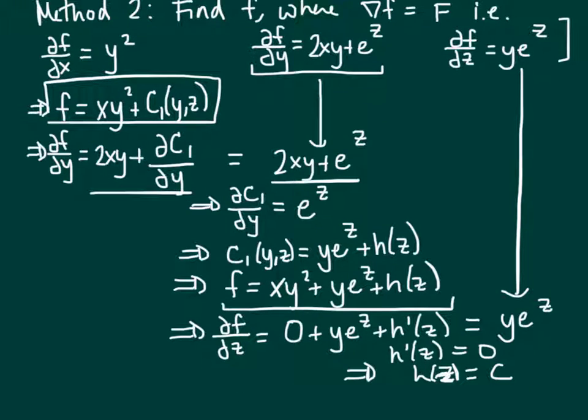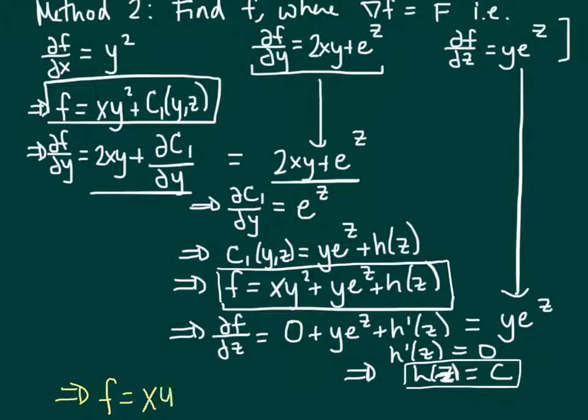So putting this all together, I just found that h of z is a constant. Up above I had that f had to have this form. So this means that overall my potential function is xy squared plus y e to the z plus a constant. And that's the same thing we got when we did it the first method.